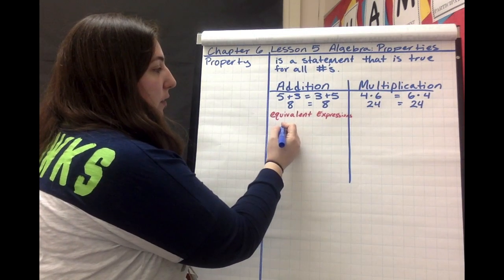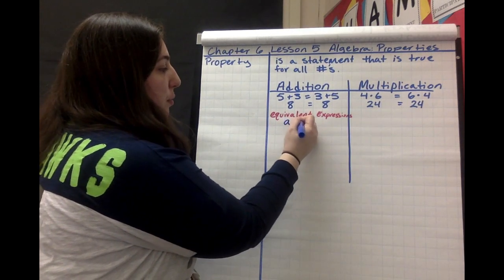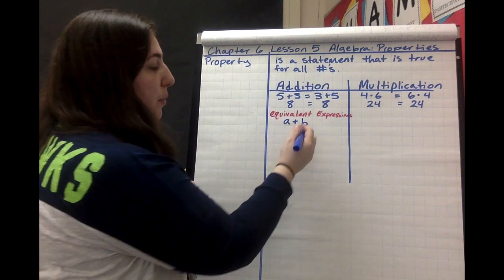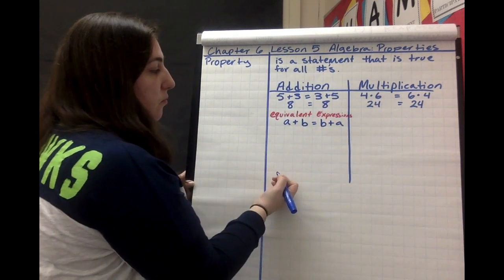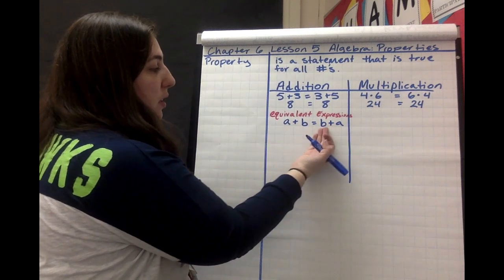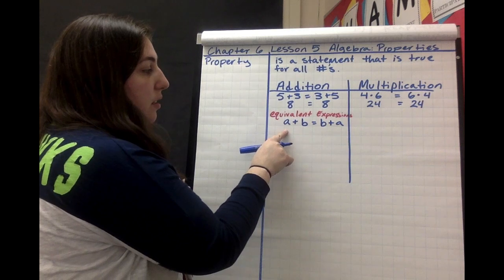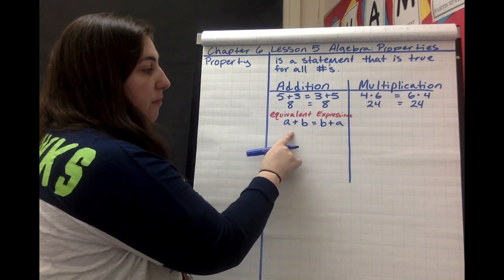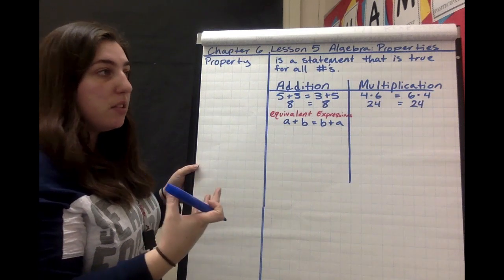So let's say we have the variable a for any number plus b, also any number, equals b plus a. I am using the same variables on both sides of the equation, but I have them in a different order, and I'll still come up with the same answer.